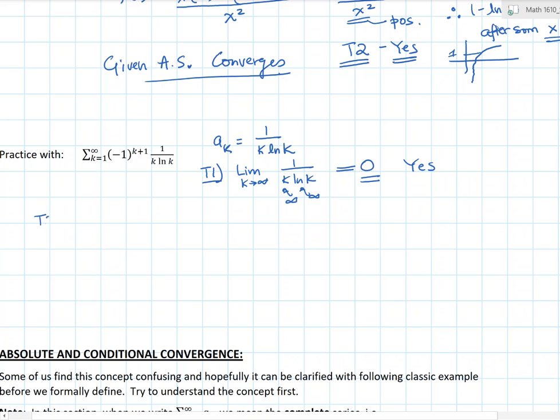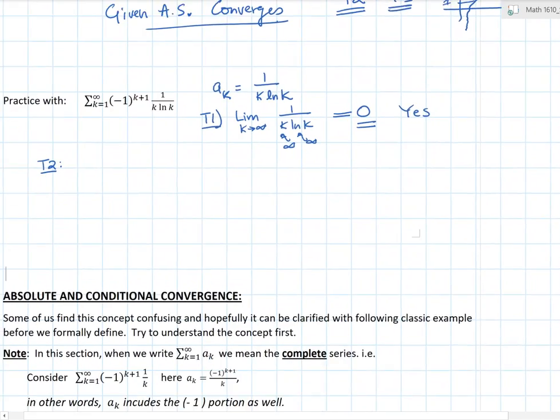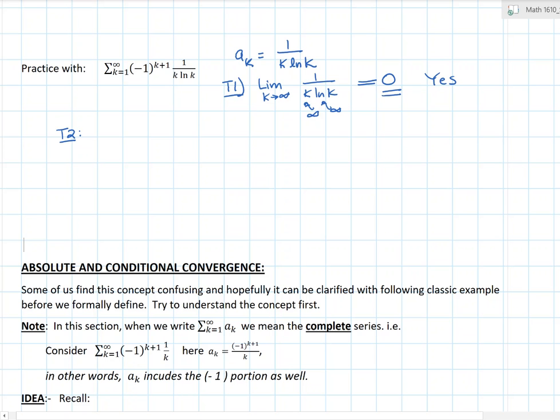Now you'll have to do the second test. Again, in this particular case, you would use the derivative. So f(x) is 1 over x ln x. You can find the derivative f prime of x. Let me just write what it would be. It would be negative (ln x plus 1) over something squared, actually simply (x ln x) squared, but we really don't care for the denominator.